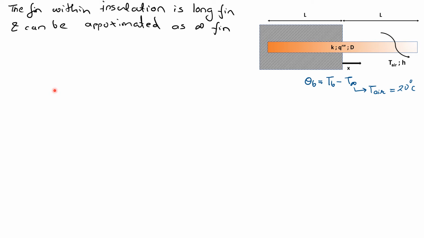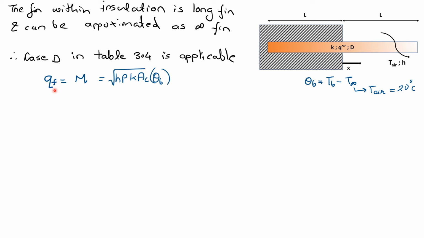let's see how to find the temperature distribution. Okay, so to do that, we'll consider case D in table 3.4, which is for an infinitely long fin, and our fin rate in that case is given as Q f equals uppercase M. This is not the fin parameter.